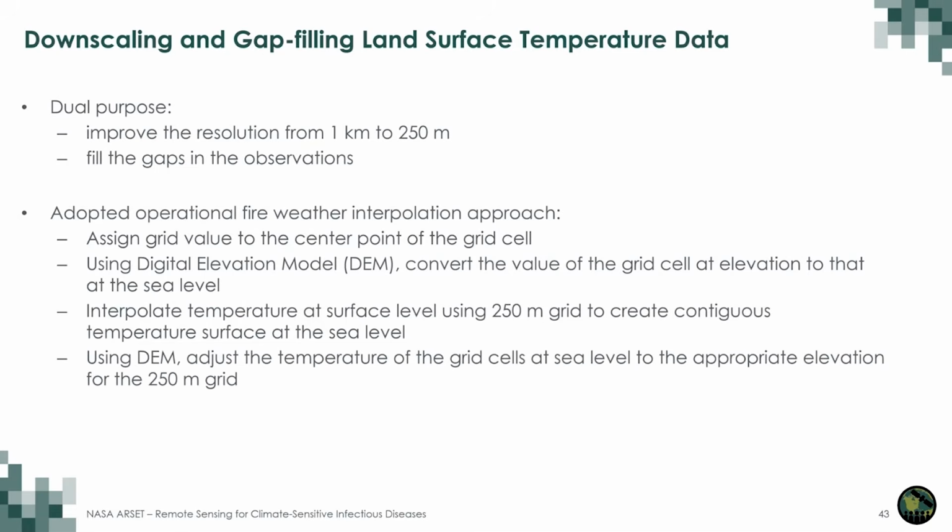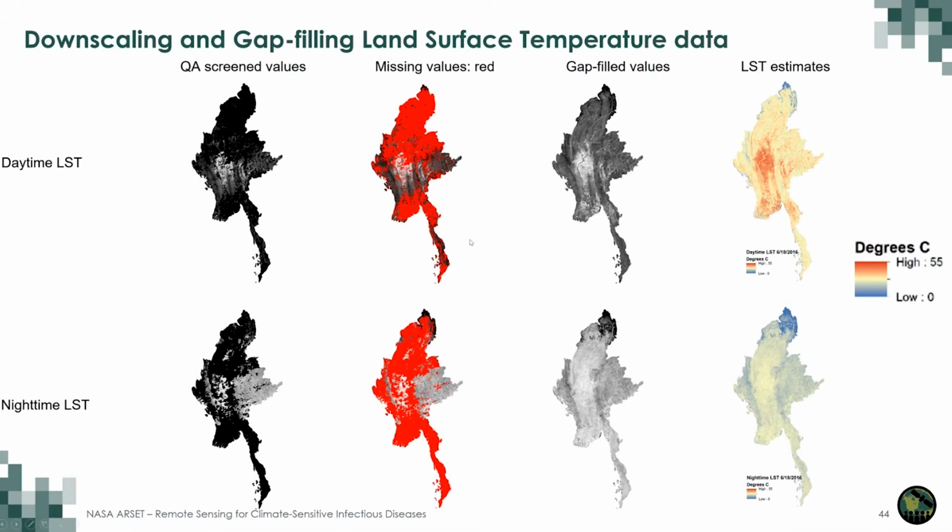And then again, using DEM, we are adjusting for the elevation and taking our sea level temperature and adjusting it to the appropriate elevation for the 250-meter grid. As a result, we're able to downscale and gap fill our observations and create the land surface temperature estimates.